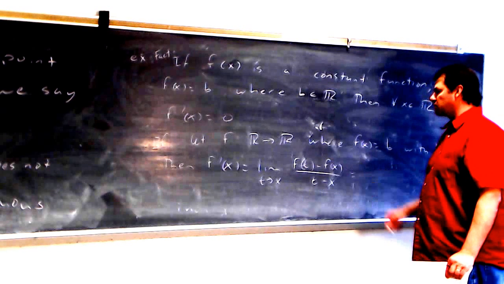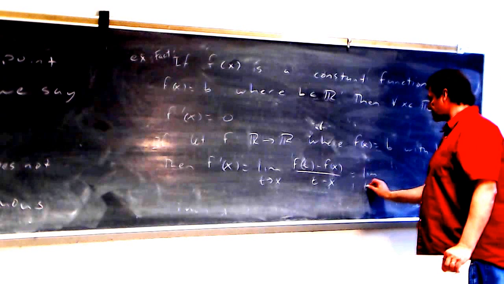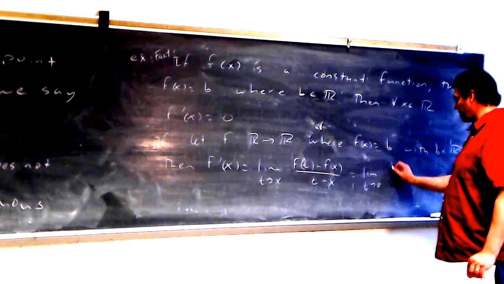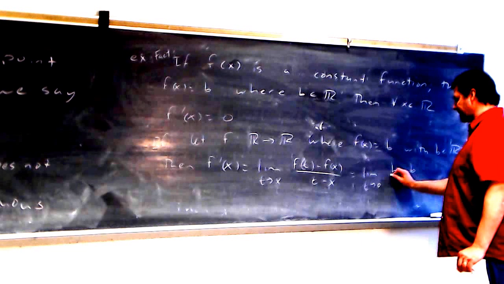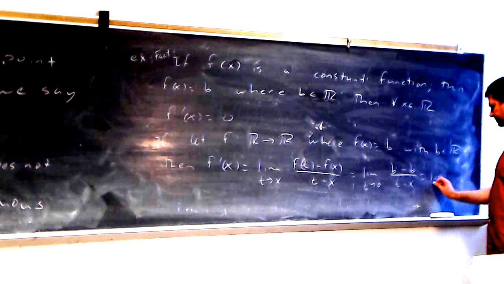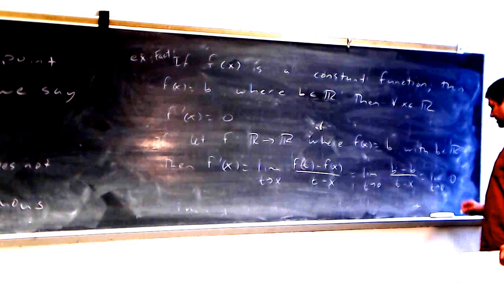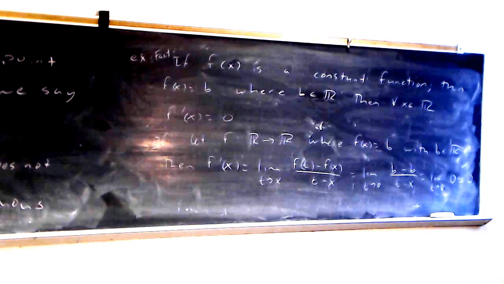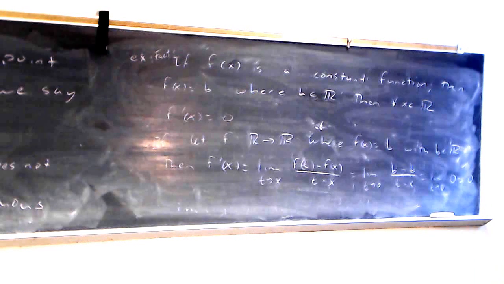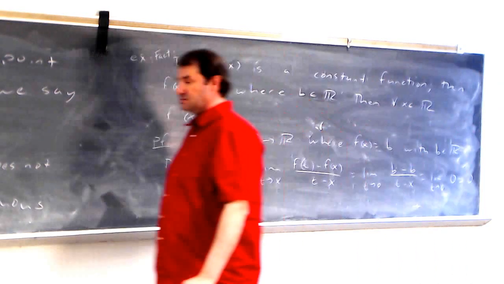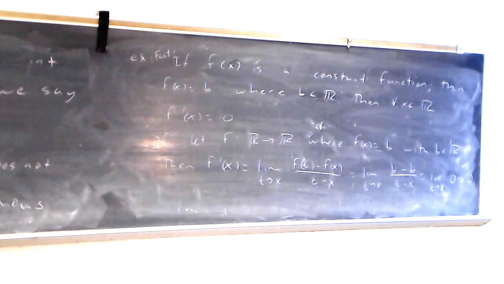But that's just equal to the limit as t goes to x of b minus b over t minus x. That's equal to the limit of 0, and that is equal to 0. That's an example of a function that's differentiable on R.